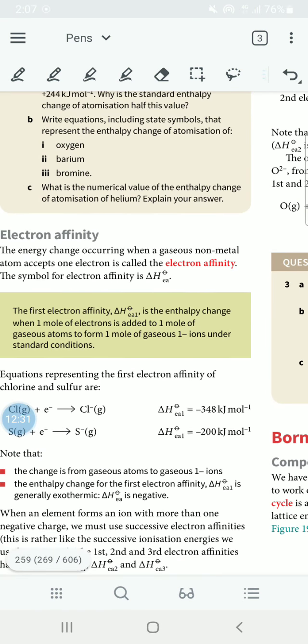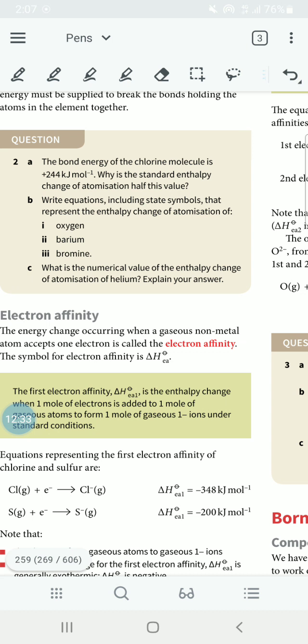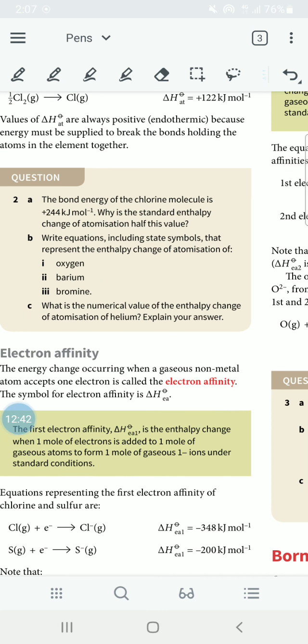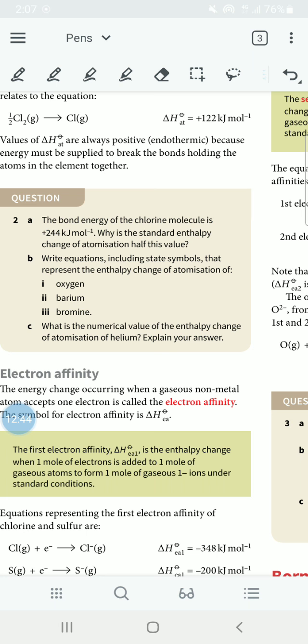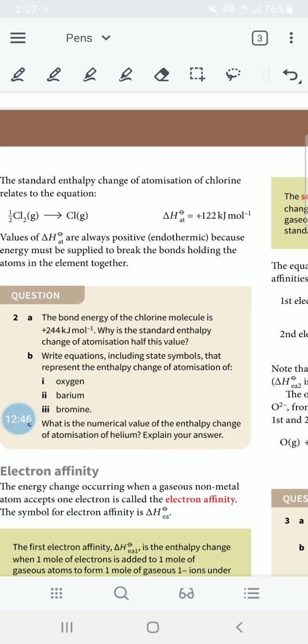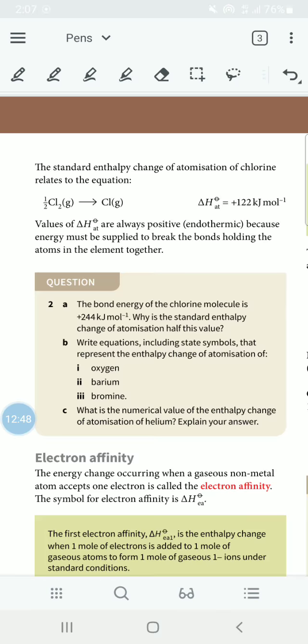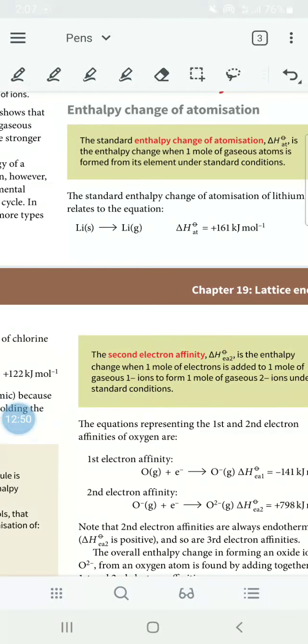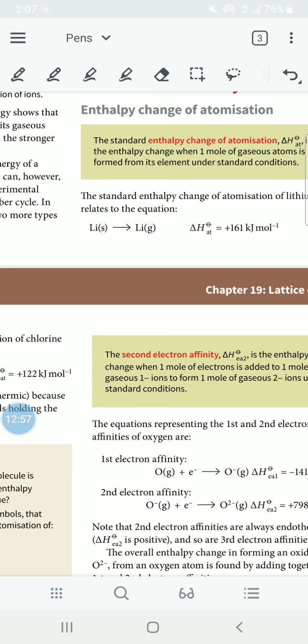However, it seems that I missed answering the second question, part C. What is the numerical value of the enthalpy change of atomization of helium? Explain your answer. Now, what is the definition of atomization? The definition of atomization is the enthalpy change when 1 mole of gaseous atoms is formed from its element under standard conditions.